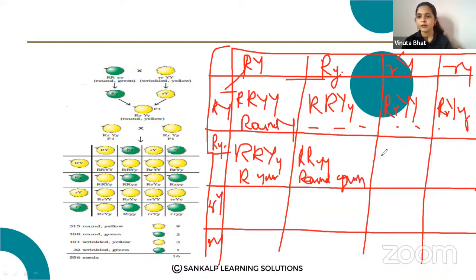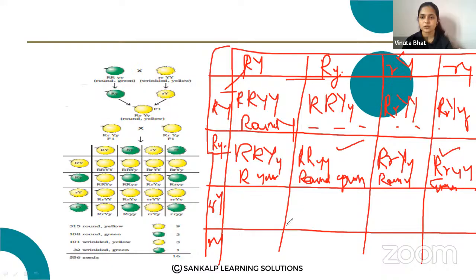Next, here capital R, small y, capital Y, small y. These are producing the round yellow seeds. Then capital R, small y, small y. Here also round green seeds. So this is also round green seed and this one also round green seed. Remaining all are round yellow seeds.